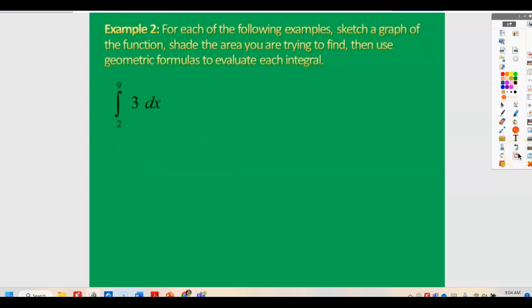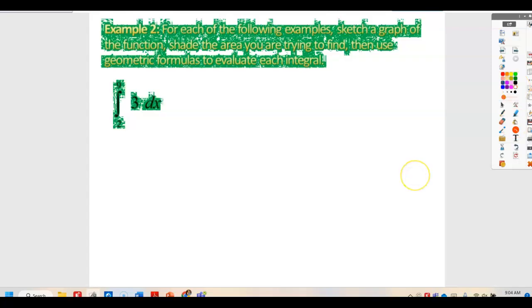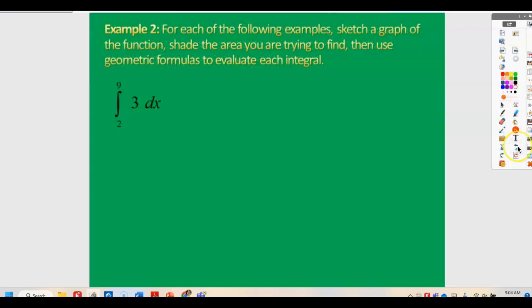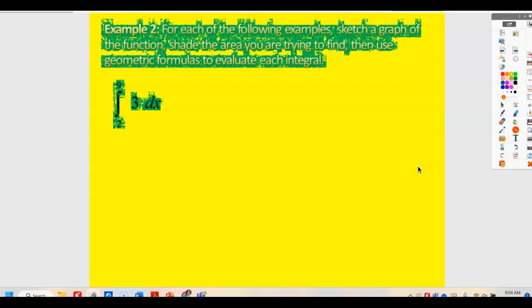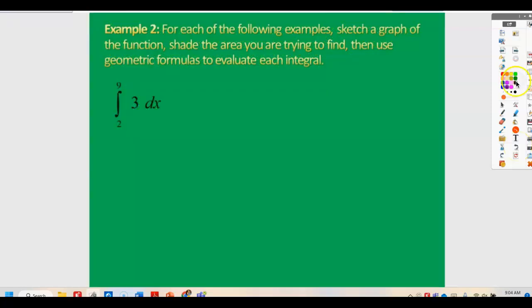Okay. So it says for each of the following examples, sketch a graph of the function, shade the area you are trying to find, then use the geometric formula to evaluate. So if you think of the curve 3, that is a constant.